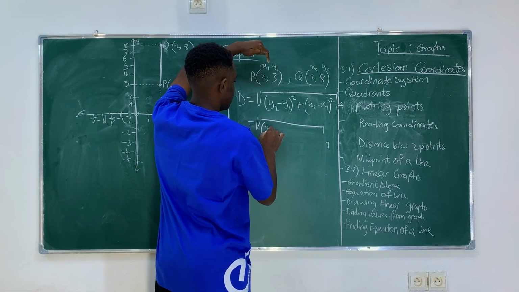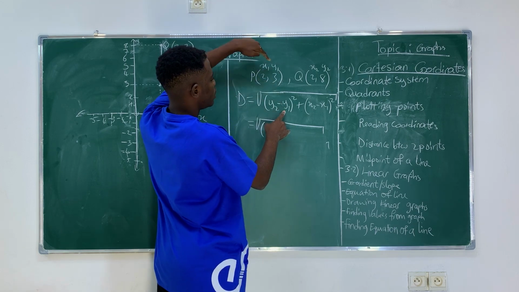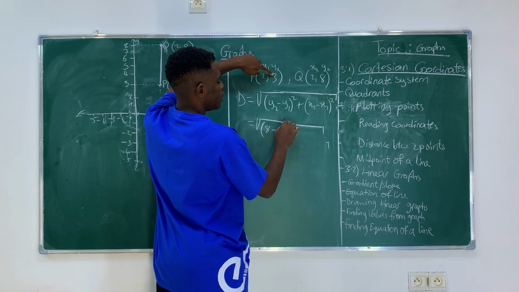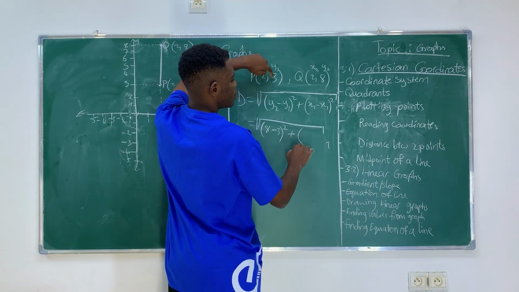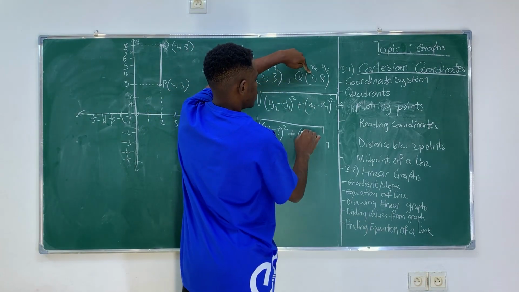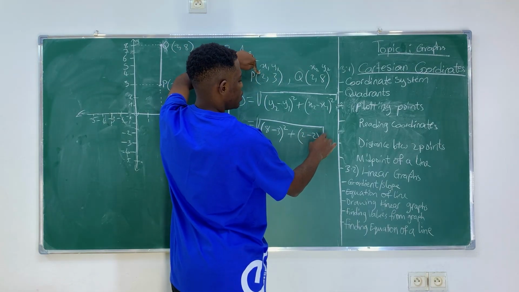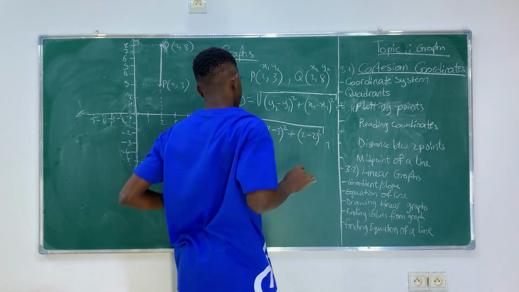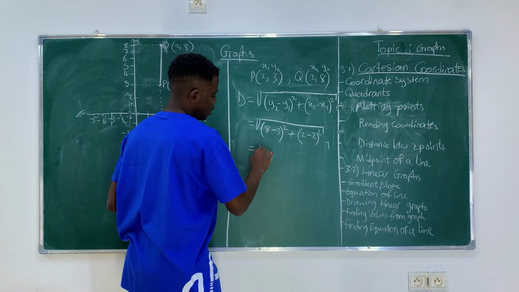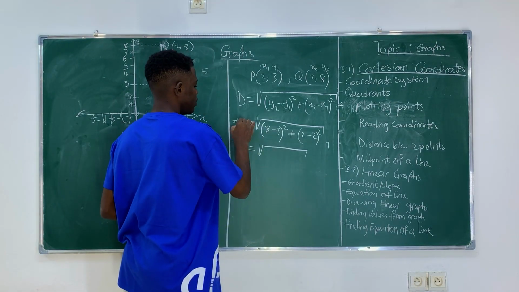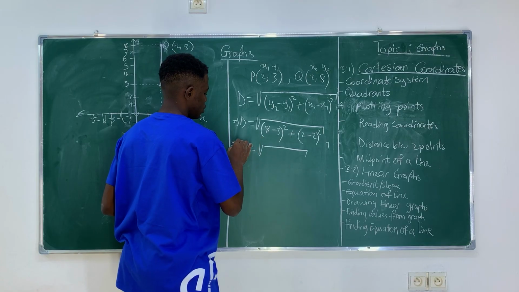Our y2 is 8, minus our y1. Y1 is 3. I put my square. Plus, what is our x2? Our x2 is 2. Minus, what is our x1? Our x1 is 2. I put my square and I close my bracket. I'm done.